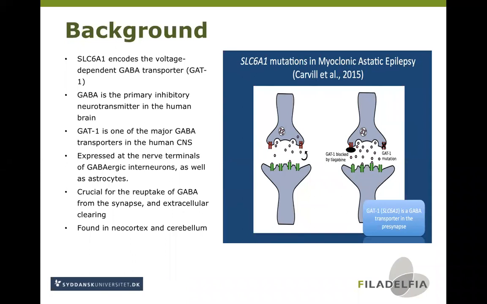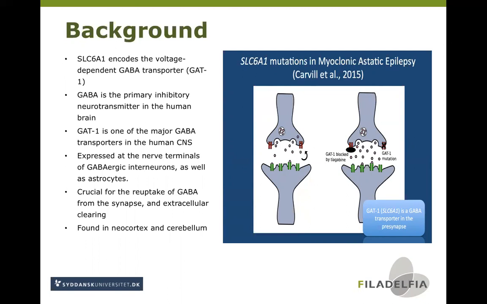So these GAT1 transporters are expressed at the nerve terminals of the GABAergic interneurons, as well as on astrocytes, and they are crucial for the reuptake of GABA from the synapse, and thus they are responsible for the extracellular clearing of GABA.